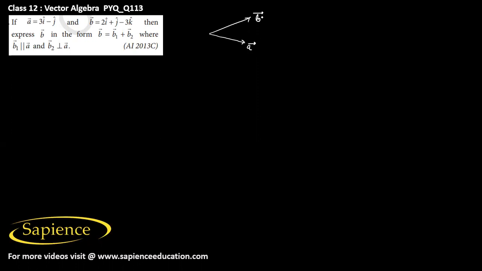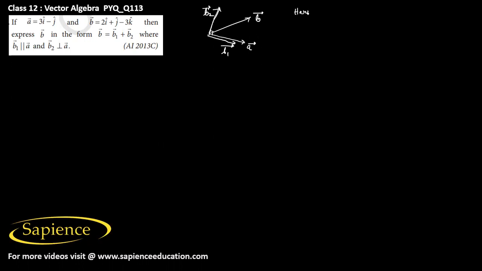So we have to resolve b vector into two components, means two parts, b1 and b2, such that b1 vector is parallel to a vector and b2 vector is perpendicular to a vector, and b1 plus b2, means the resultant of b1 and b2, should be equal to b vector.